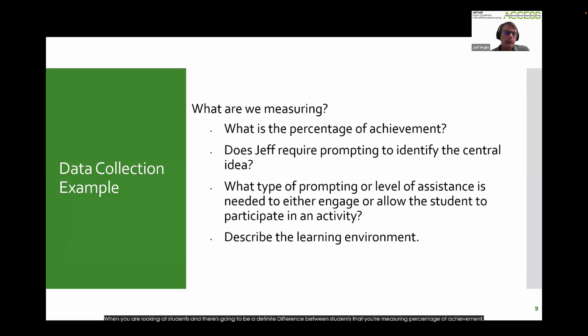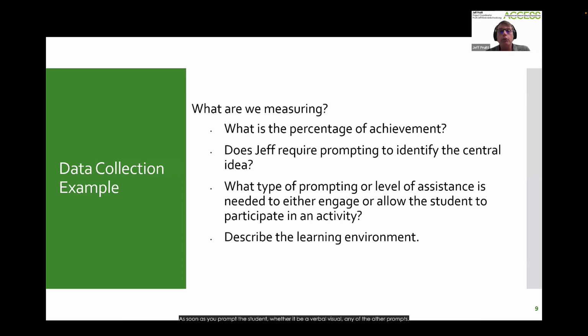There's going to be a definite difference between students that you're measuring percentage of achievement versus students that you are not. When you're looking at a percentage of achievement, that is somebody that is already independent. They may be at a 5% achievement level, only getting 5% of the sample correct, but if they're doing it independently, that's what they're achieving.